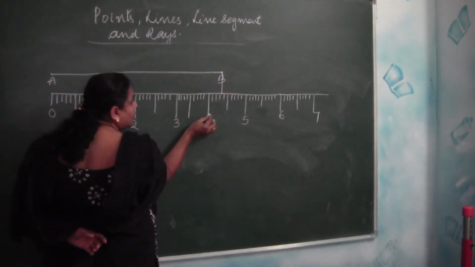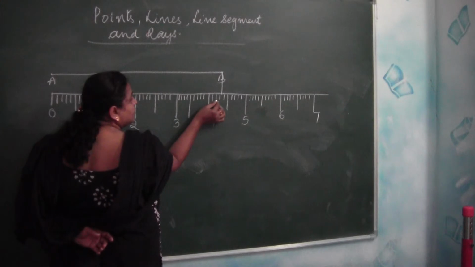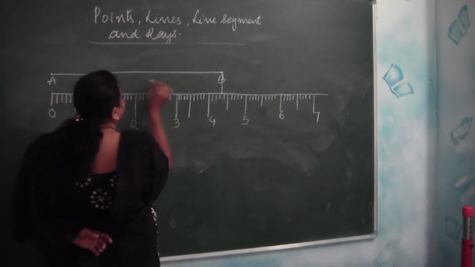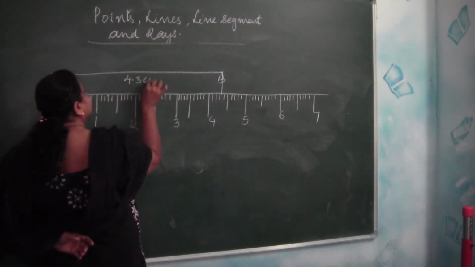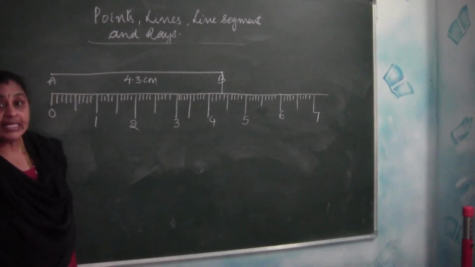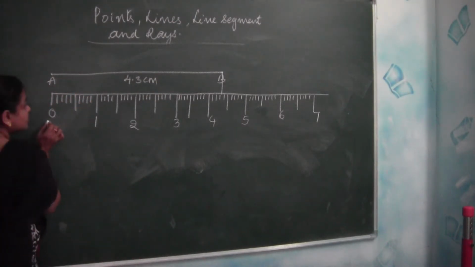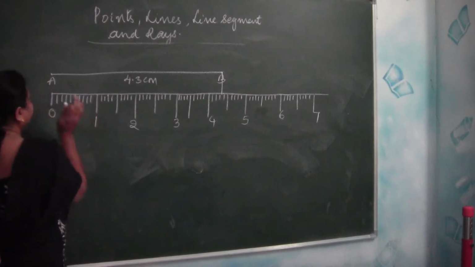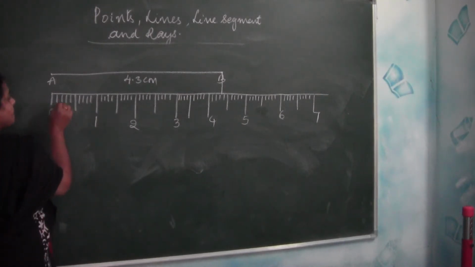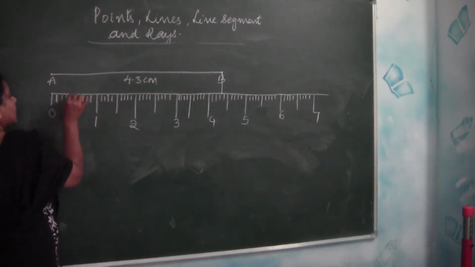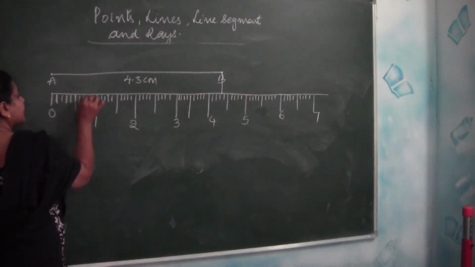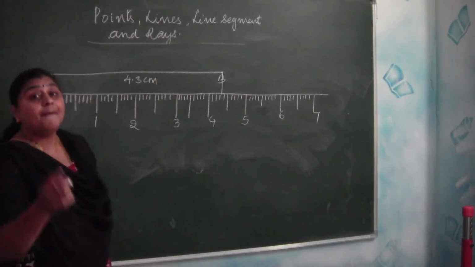It means 4, 4.1, 4.2, 4.3. So what is the measurement of this line segment? 4.3 centimeters. Now if you see on the scale, children, it starts with 0, and the small lines you can see on the scale are millimeters.